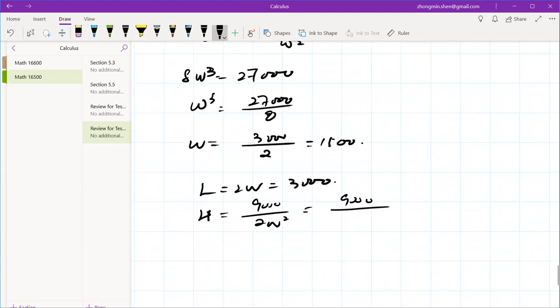So it's going to be 9,000 divided by 2 times... You can simplify this now. Wait a minute, let me check. I made mistakes. There are too many zeros there. All right, so this is going to be just 30.